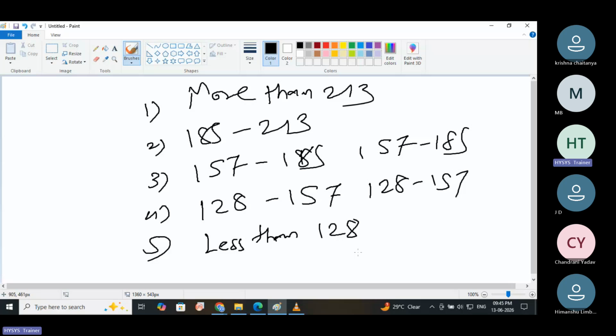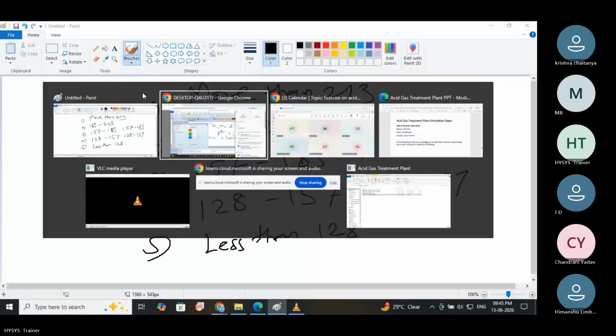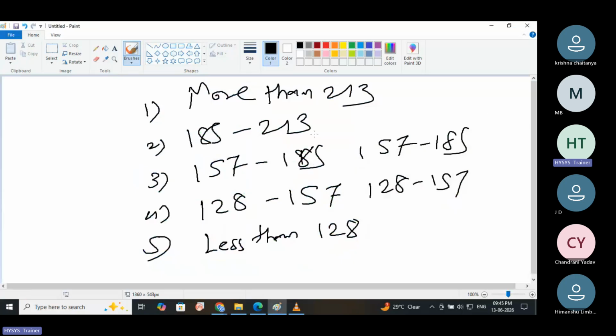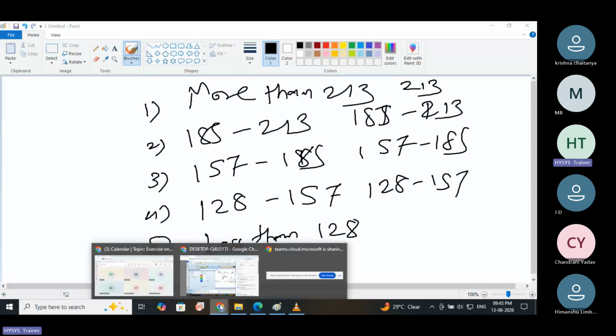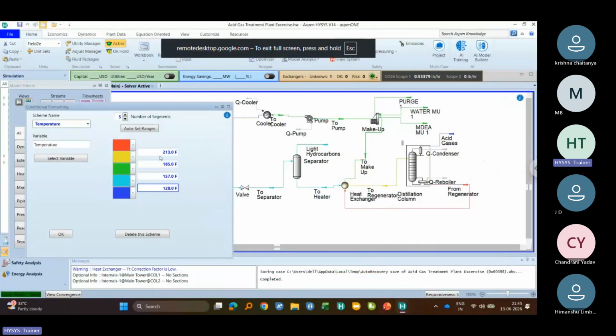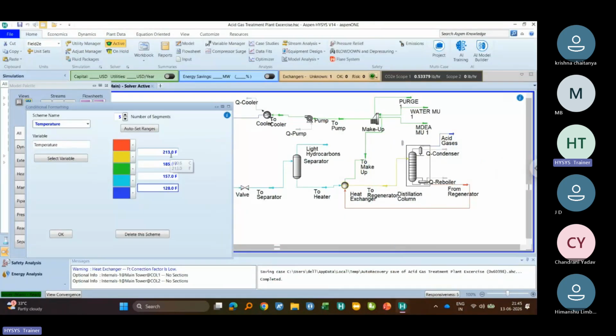The next value I entered as 213, so the next segment is between 185 to 213. And by default, the last segment it has taken as more than 213. That's why, even though we have 5 segments, we entered only 4 values.